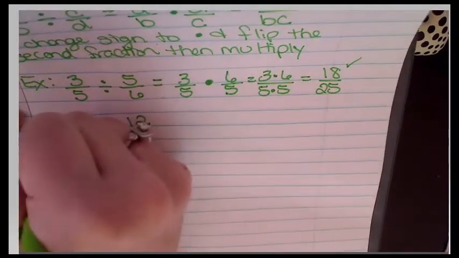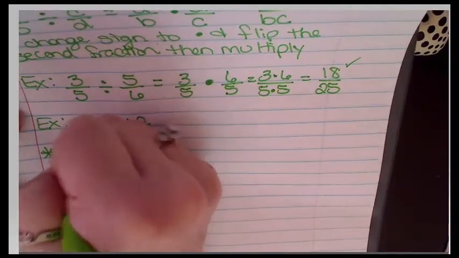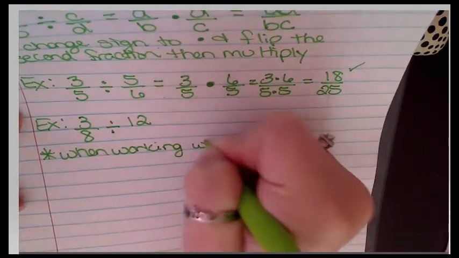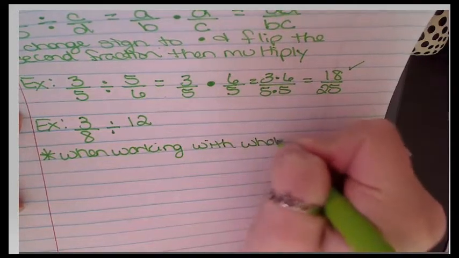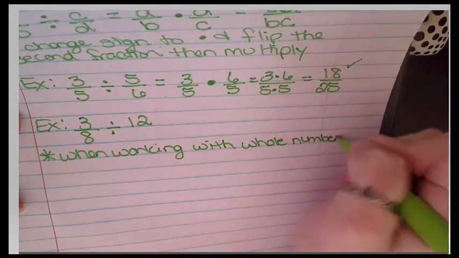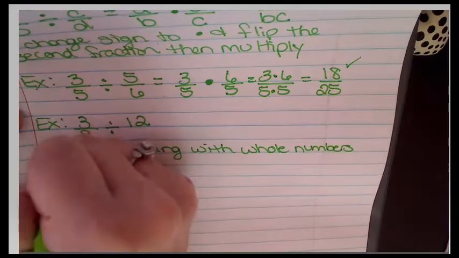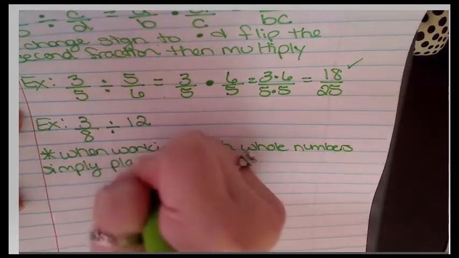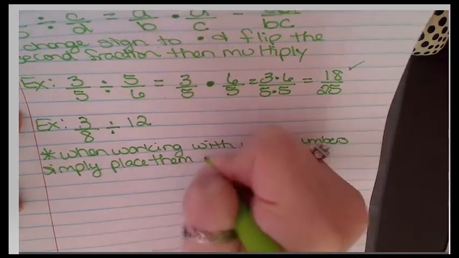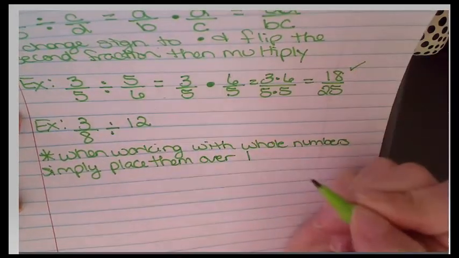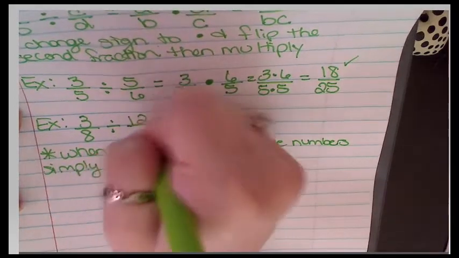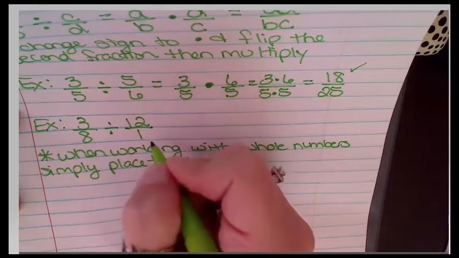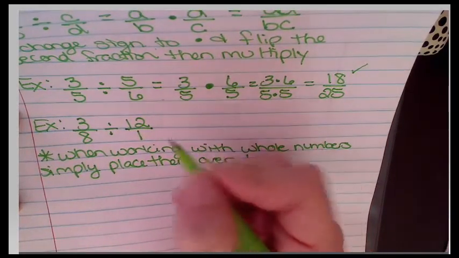So when you're dealing with whole numbers, simply place them over 1. So we have 12, let's put a 1 below it. Now we have 12 over 1. If you think about it, 12 divided by 1 is still going to be 12, so that's okay to do.